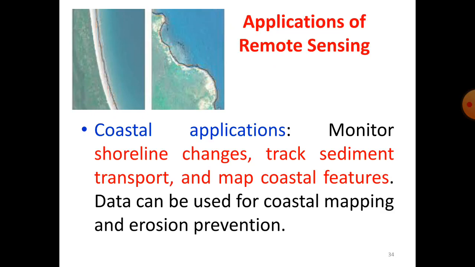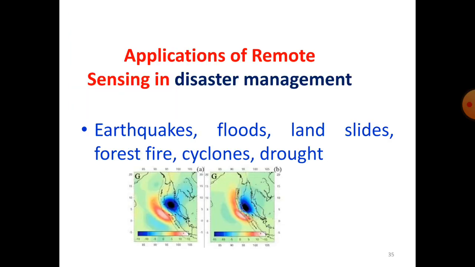Remote sensing technology is also used to monitor the coastal areas, such as shoreline changes, that is the shores of the sea and oceans, track sedimentation transports, and map coastal features. So, these are all the important applications related to hydrology and oceanography of remote sensing.